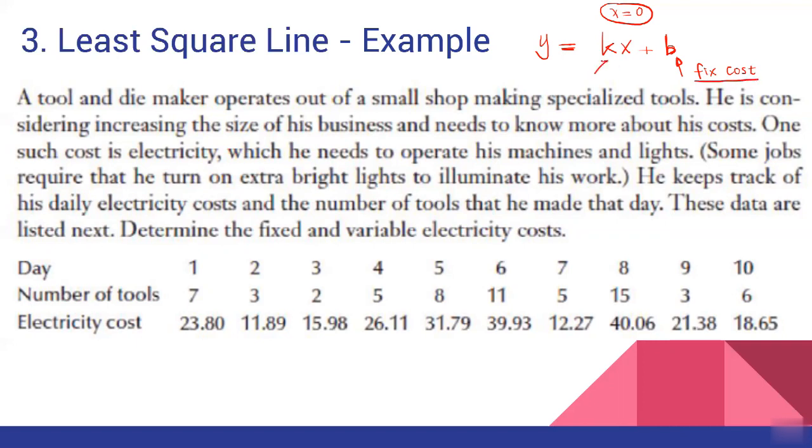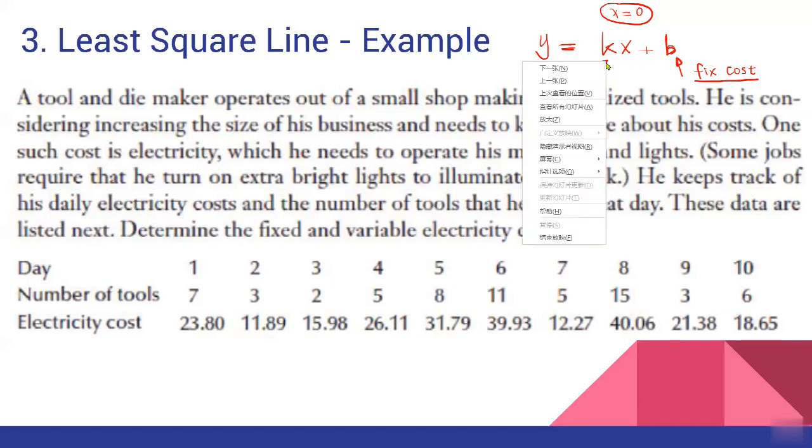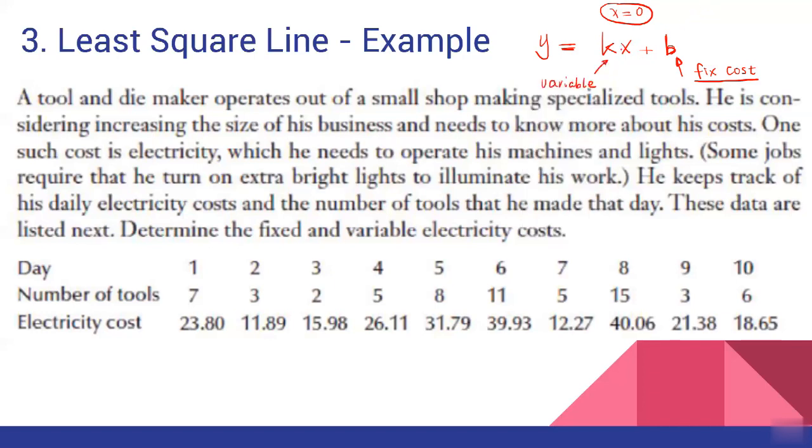And the slope of this equation is called variable cost, which is the cost of extra electricity for making a tool. So if we can find the equation of this least square line according to the data points here, then we can find the fixed and variable cost. So the problem really becomes finding the least square line here.